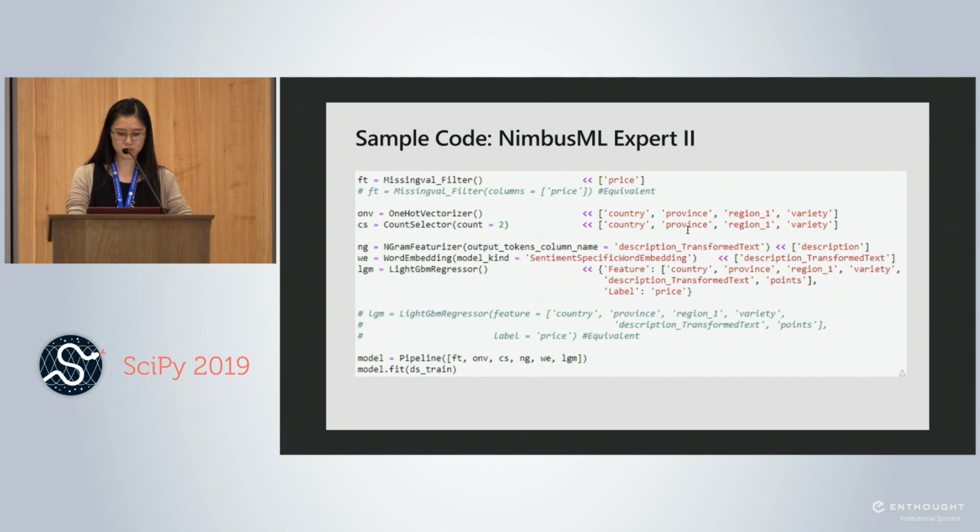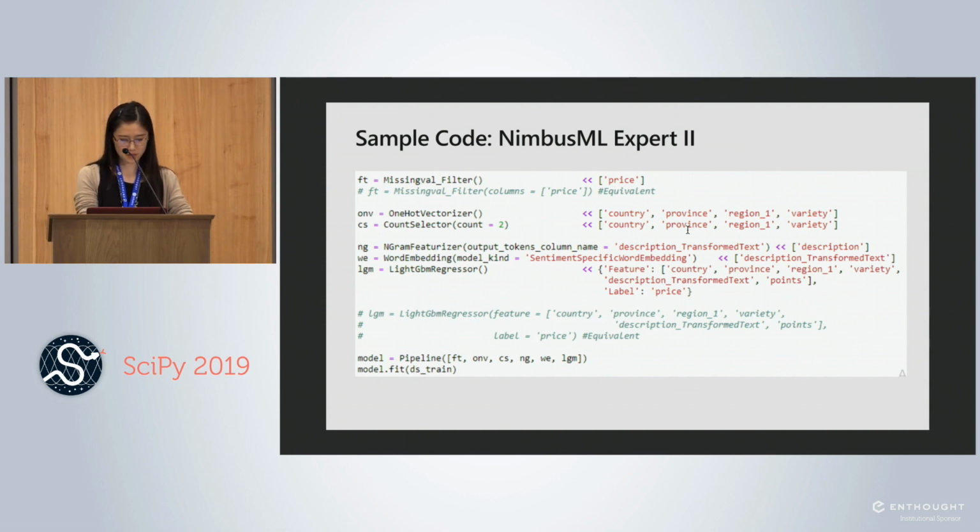For instance, features are country, province, region 1, variety, description, points, and the label column is the price column. So in this pipeline, we are trying to predict how much a bottle of wine costs based on where it originated, which country, which province, and how many points. Points, I think, are scores given by some expert for the wine. So we can make predictions using a regressor.